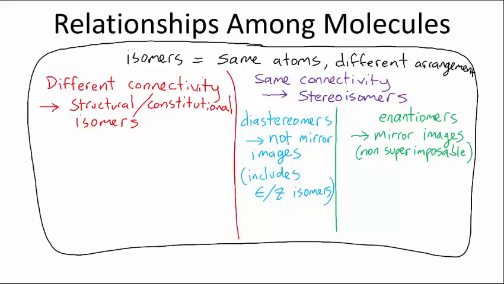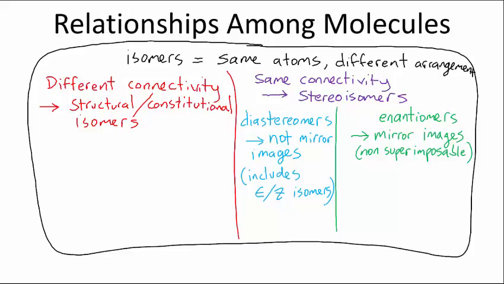So if I look at two molecules, I want to be able to identify what's the relationship between them. This can be important because, as we'll talk about in a little bit, depending on their relationship, that might tell us something about how they'll behave relative to each other. It turns out things that are enantiomers will behave the same in most conditions as each other, whereas things that are diastereomers will not.